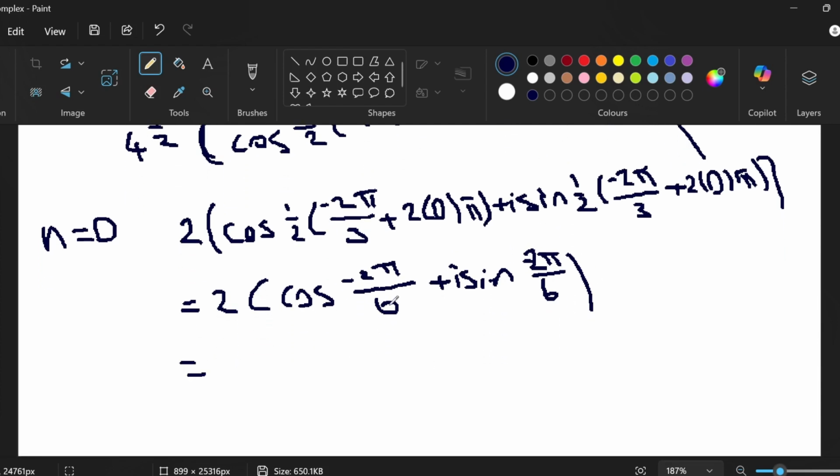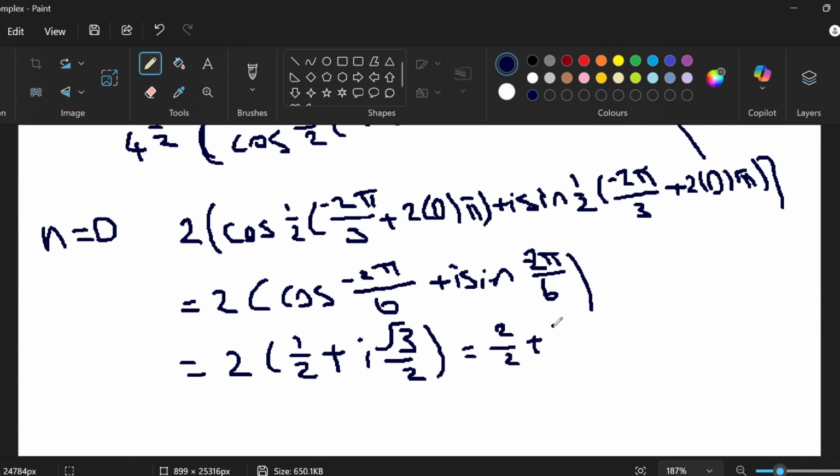Now I can just plug this all into my calculator, and I get 2 times 1/2 plus i times the square root of 3 over 2, which simplifies again to 2 over 2 plus i times the square root of 3 over 2.